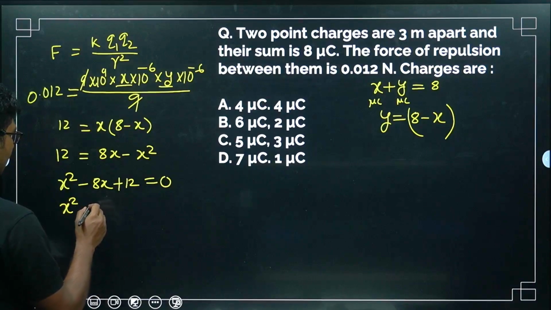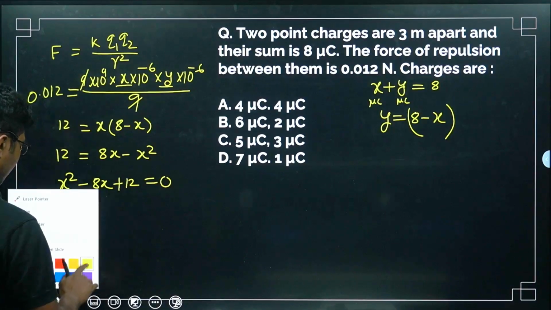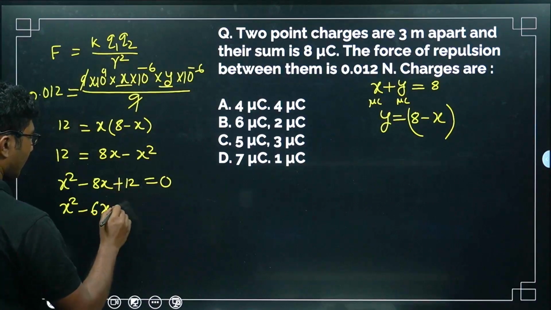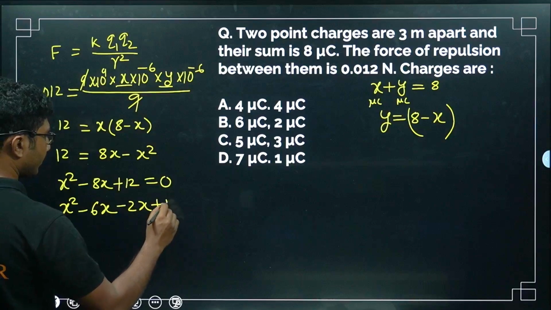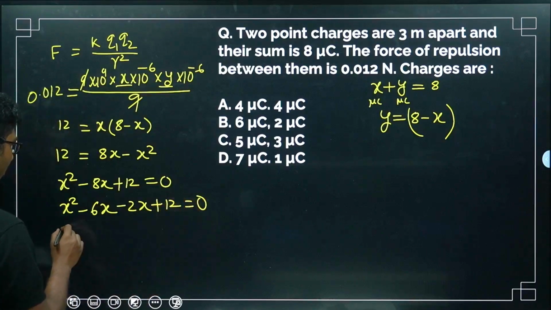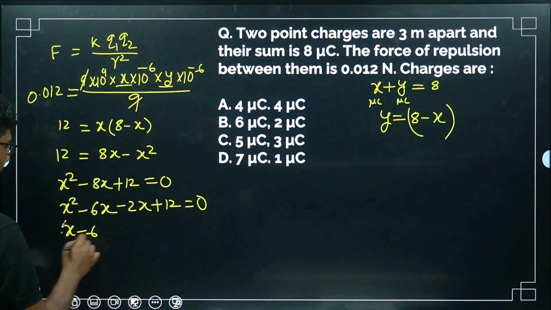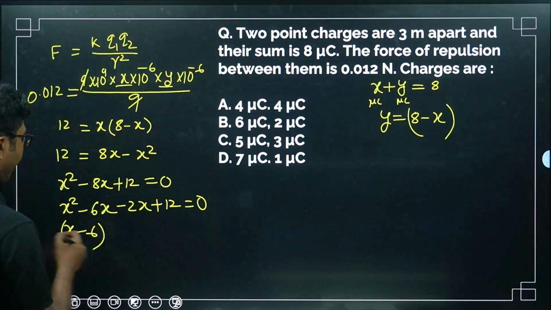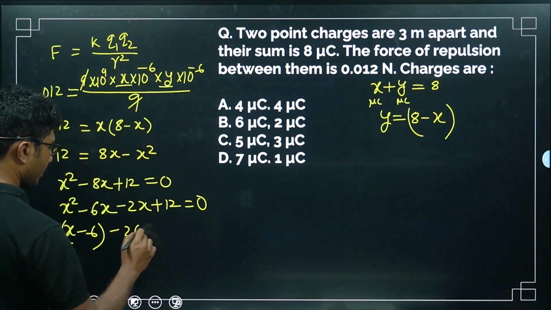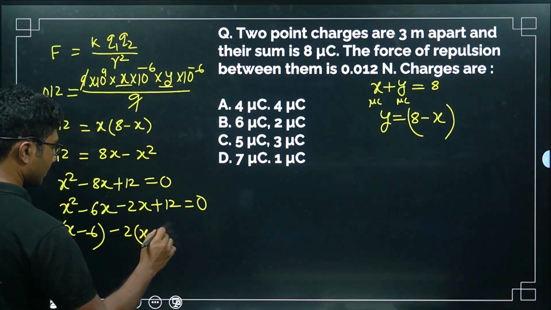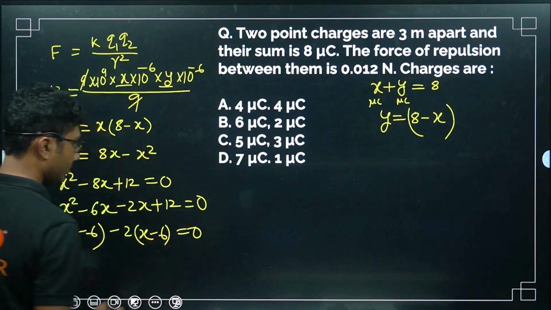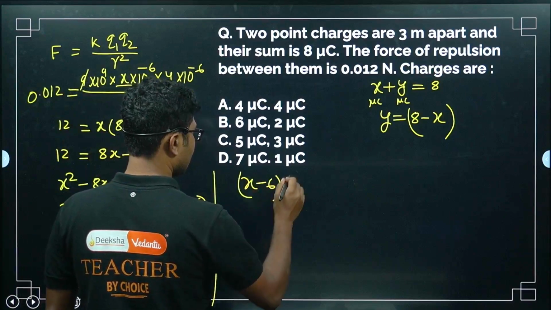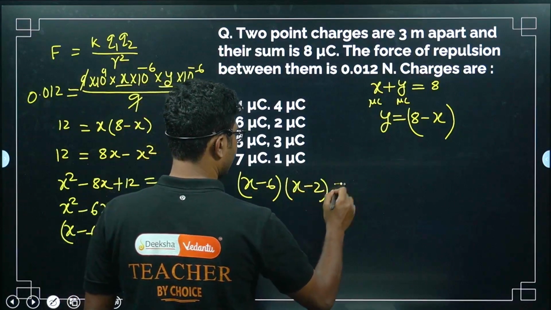x square minus 6x minus 2x plus 12 is equal to 0, or x times x minus 6, minus 2 times x minus 6 equals 0, or x minus 6 times x minus 2 equals 0.